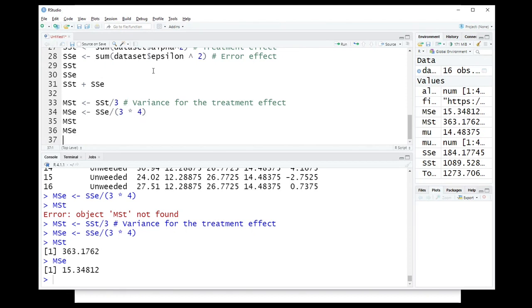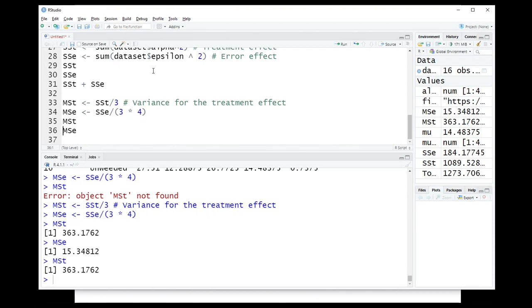The number of degrees of freedom for the error term is 4 by 3, that is 12. So we have partitioned the deviance and we have partitioned the number of degrees of freedom, because we have 15 degrees of freedom in total and they are split into parts. 12 go to the error and 3 go to the treatment. Now we can calculate the variances and we can compare the variances.